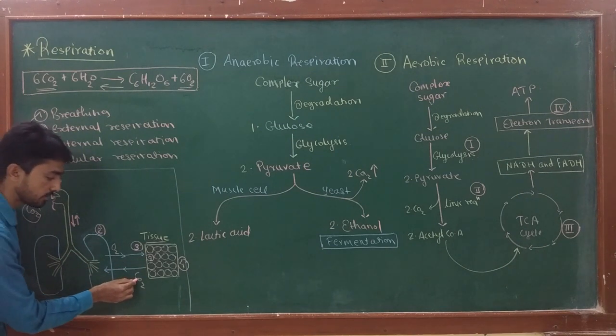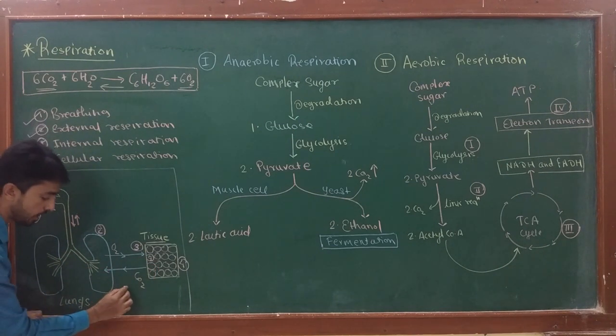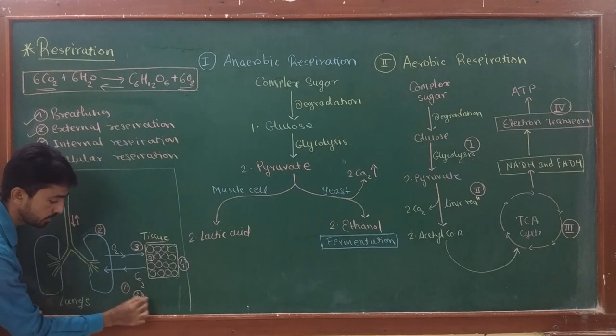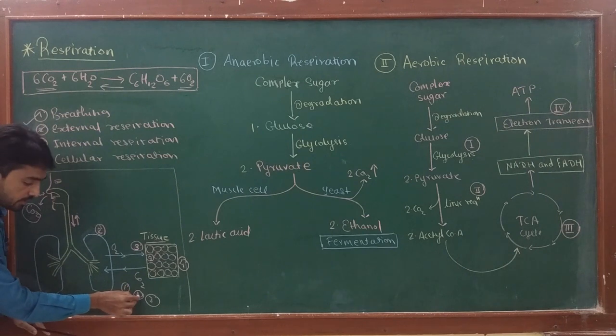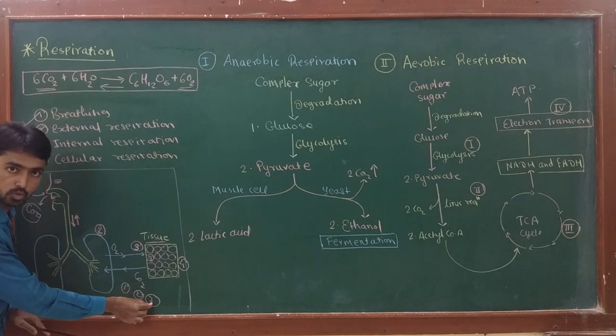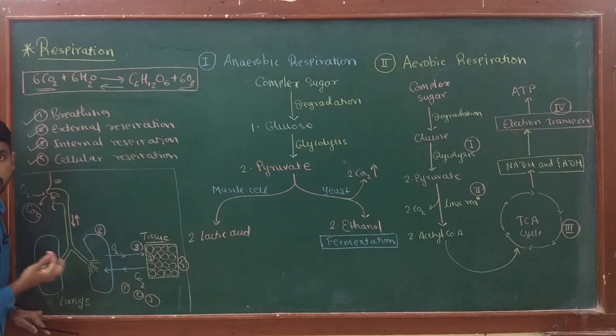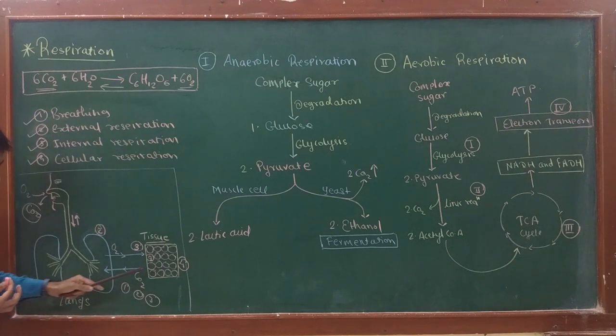That means carbon dioxide from tissue to lungs has 3 different routes. First route is in the form of bicarbonate ions. Second route is by attachment with hemoglobin to form carboxyhemoglobin, while the third route is diffusion through plasma, which is present in the blood. So by these 3 routes, carbon dioxide is transported from tissue to the lungs and then from lungs to the atmosphere.